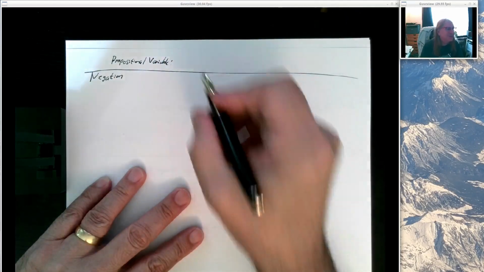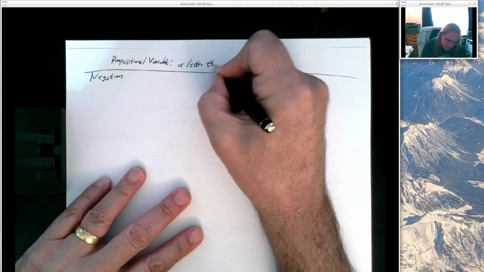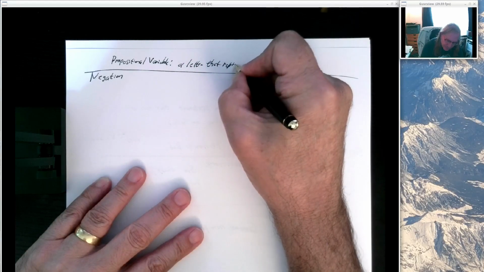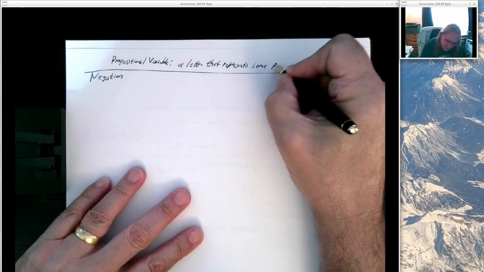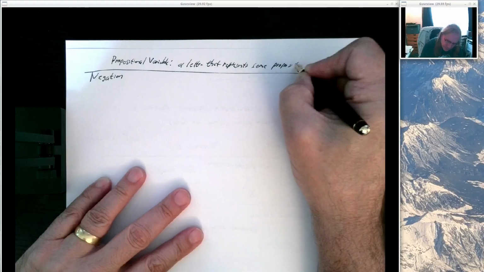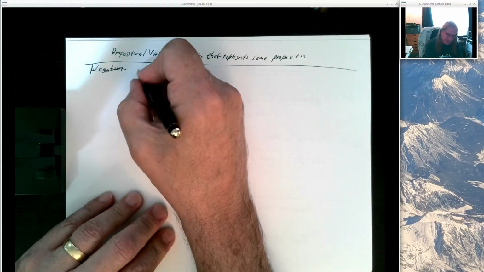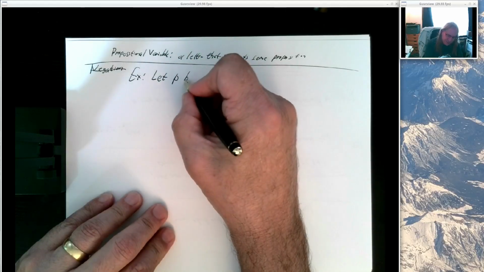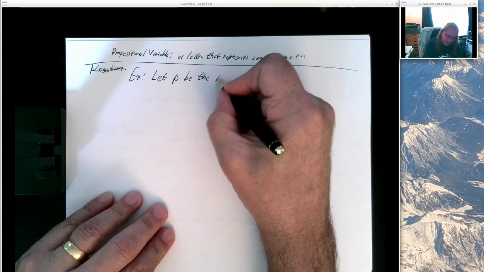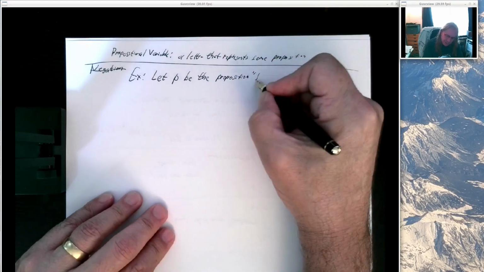So a propositional variable is a letter that represents some proposition. So for example, I can say let P be the proposition "it is raining."